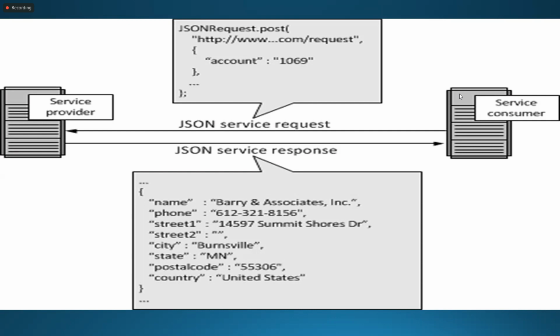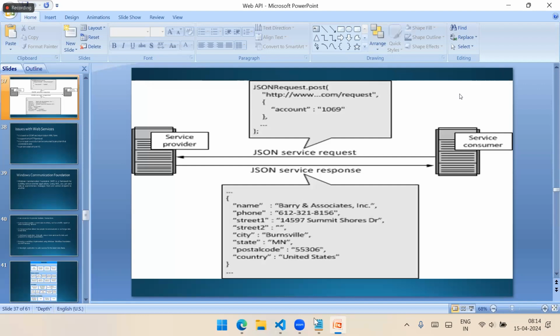Even today, several technologies still use web services, which are not majorly used everywhere now. They are using them, but we are not recommending web services anymore. We migrated from web services to another concept called APIs.